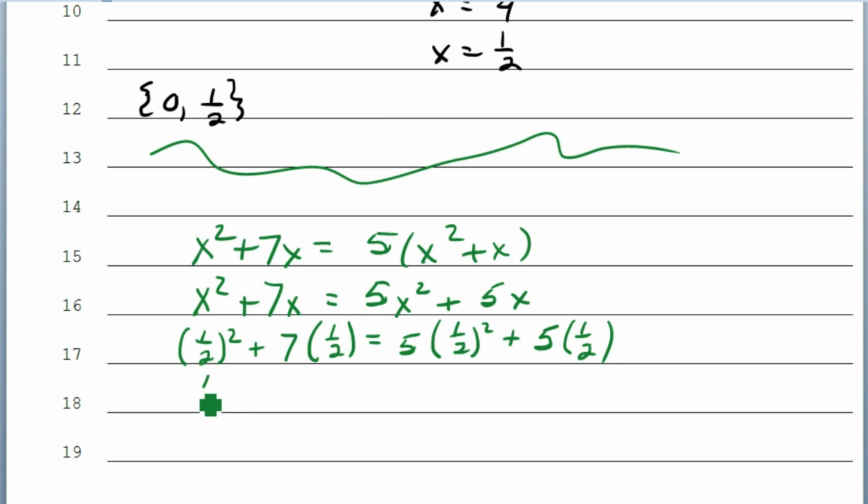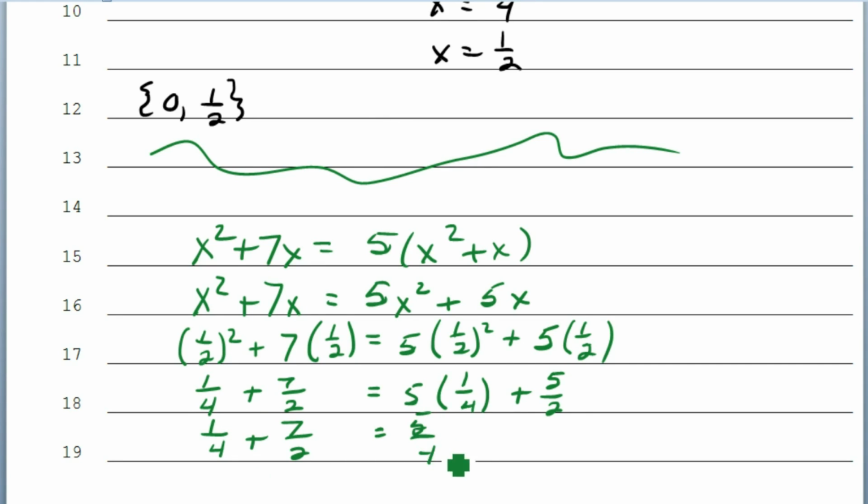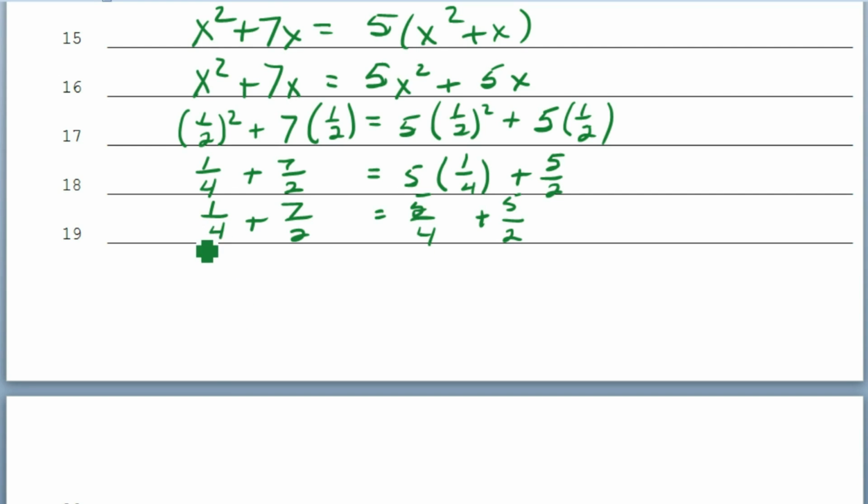You got 1/4 plus 7/2 equals 5 times 1/4 plus 5/2. And go through again. 5 times 1/4 is 5/4 plus 5/2. Now I like to multiply through by 4 just to get whole numbers everywhere.